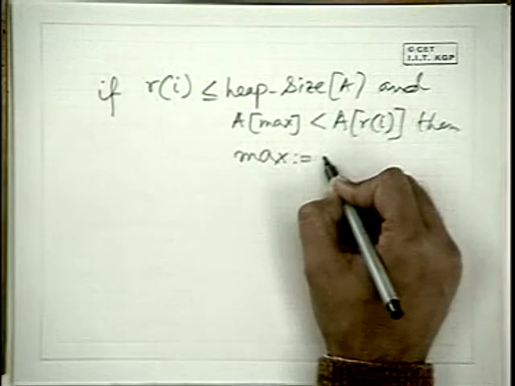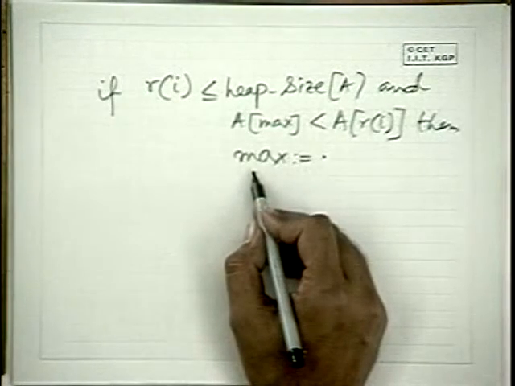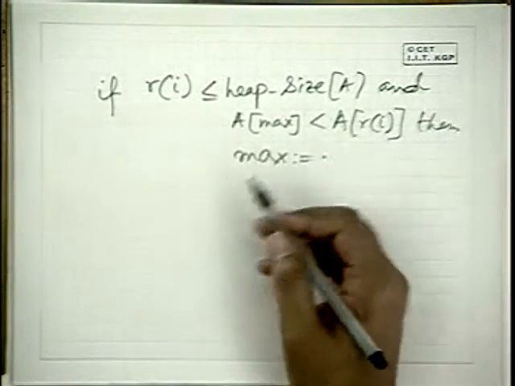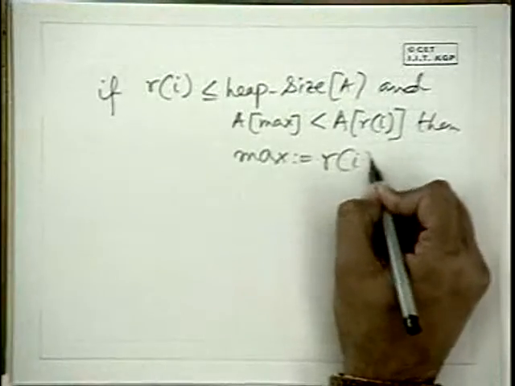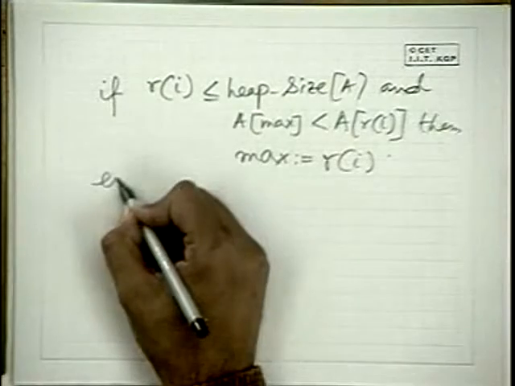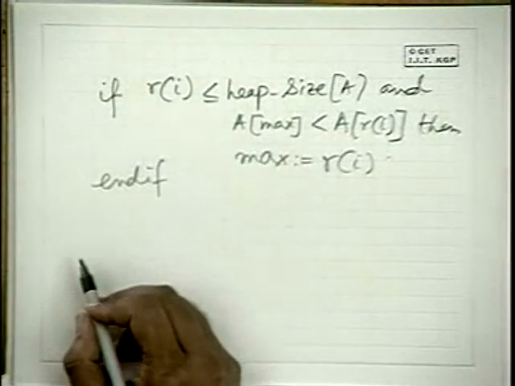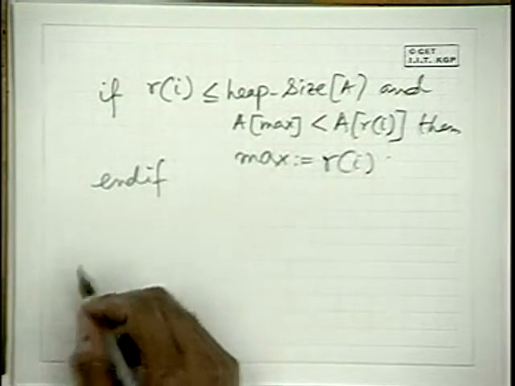Here I am doing the exchange check again, updating the max. If A of Ri is greater than A of Li, then max gets Ri. And this is the end if. So after this, what should you do? Now I know we.